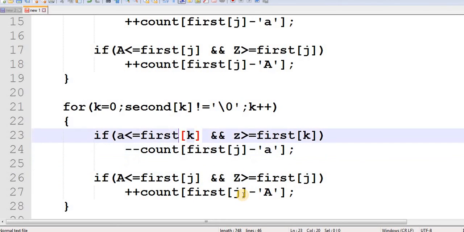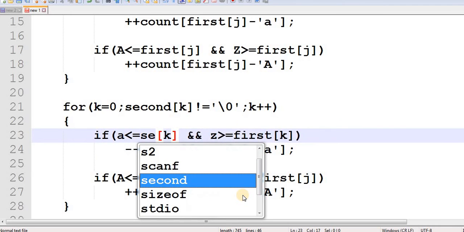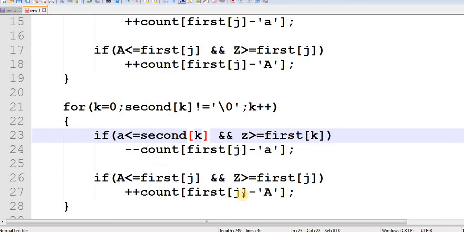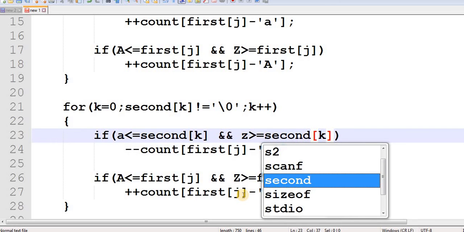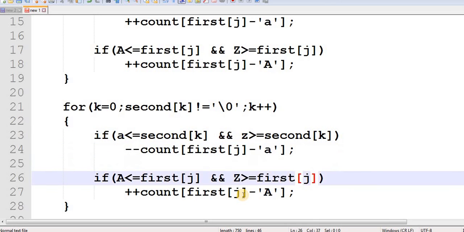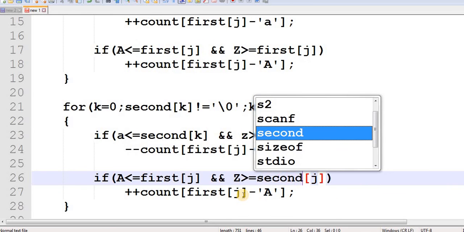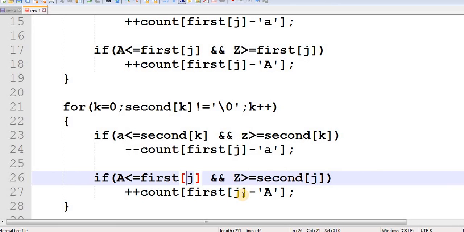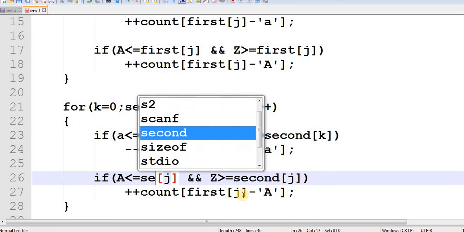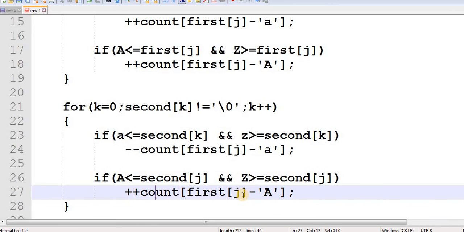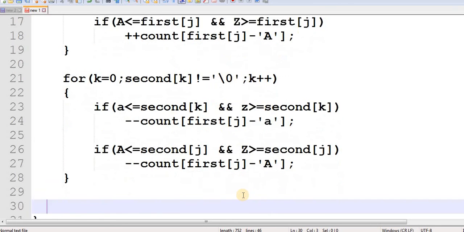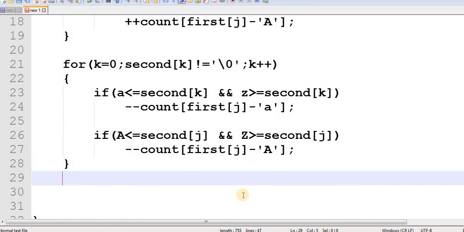The same for capital letters. So instead of incrementing the count, we decrement. Now we have processed both the input strings.